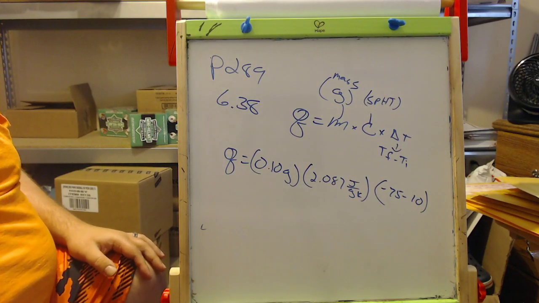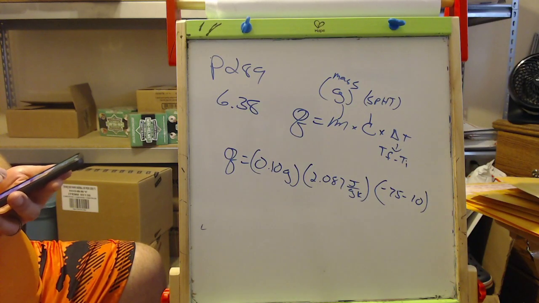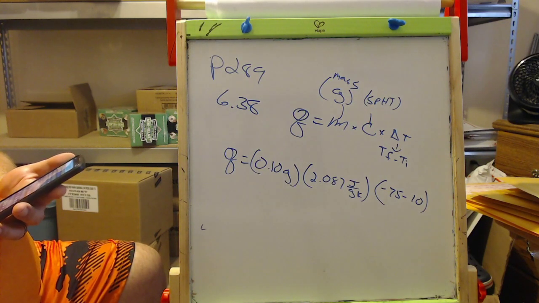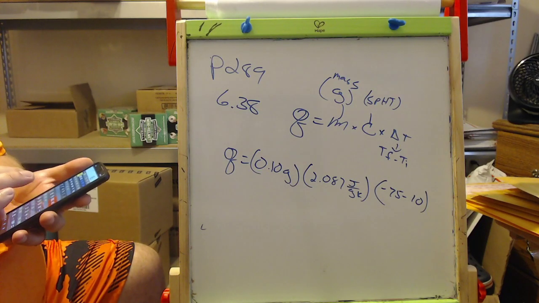Okay. So we just plug the numbers in. Our units are good. 0.1 times 2.087, which will be 0.2087, times negative 85.